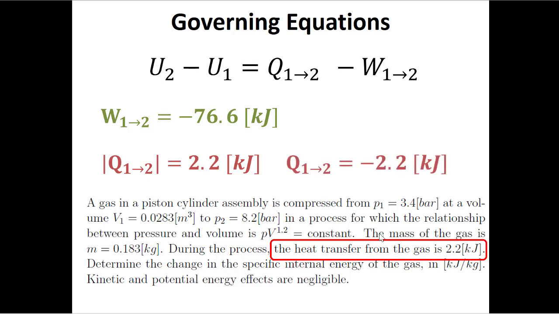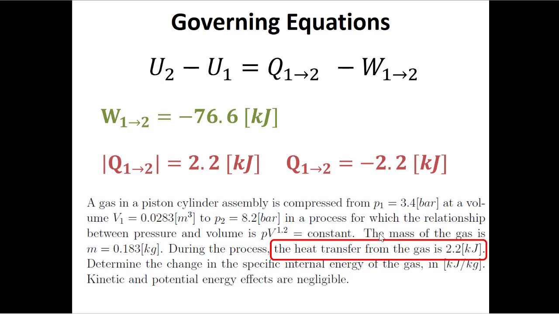So my Q term is negative 2.2 kilojoules. There's two things that I like about this. First is that my units are units of energy, so that makes sense for Q, and it's the same units for work. So I have both of these energy terms in kilojoules, so I don't have to do any conversion. It's not like one is in joules and one is in kilojoules.